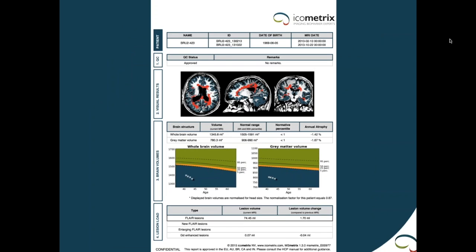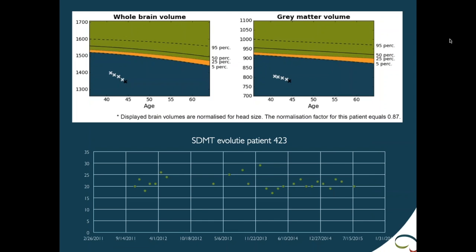When we look at the report and when we focus again on the green graphs, which are plotted at the top of this slide, you can see that whole brain volume is considerably lower compared to the normal control group than the previous patient, and also gray matter volume is considerably lower and decreasing.